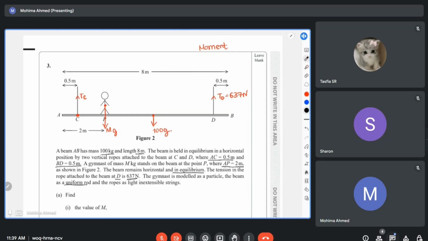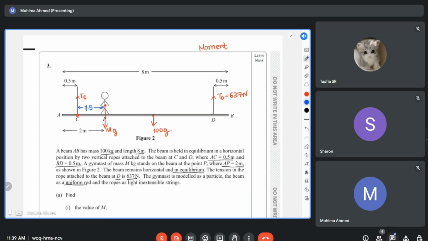So we can write also the distance between the point C and the center of mass, and point C and D, is also not known, so we have to calculate that. For example, this distance is 2 minus half, it's 1.5 meters, right?